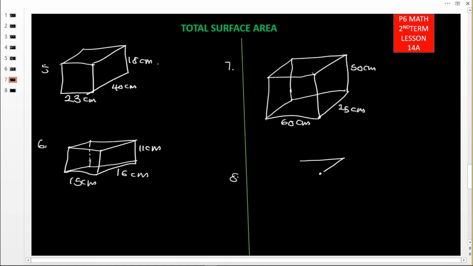Number 8, 11 meters, 16 meters, and 14 meters.